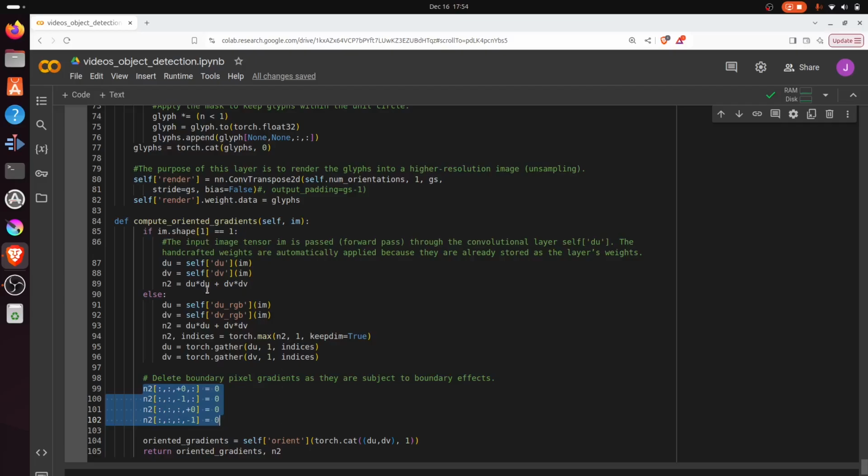Finally, once we got our gradient ready, we passed it through the orient layer so that we obtained the oriented gradients. We are also going to return the squared norm, the squared magnitude.